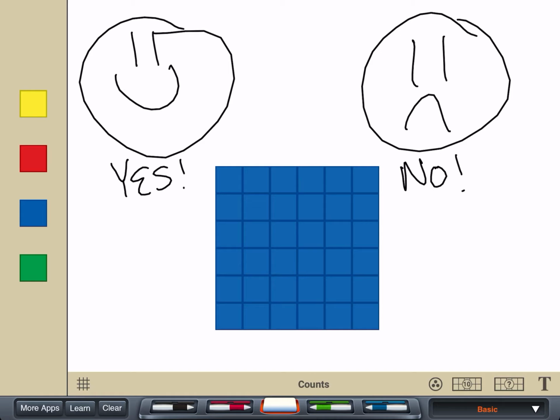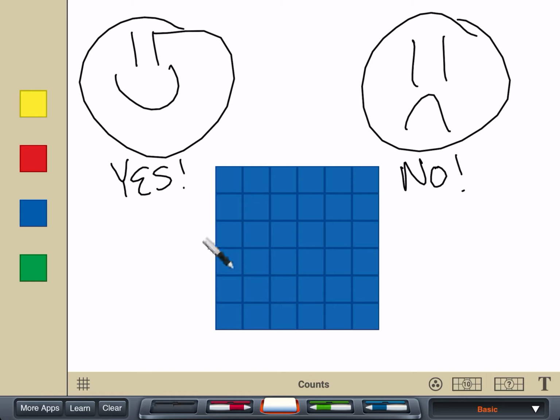Yes or no? If you said yes, you are correct. Let's find out what whole number squared this represents. How many sets of how many do we have here?